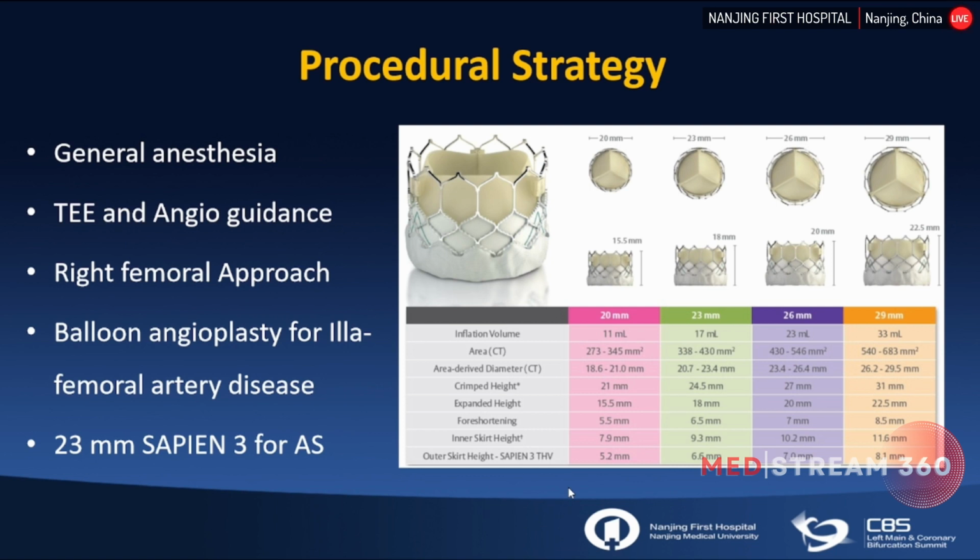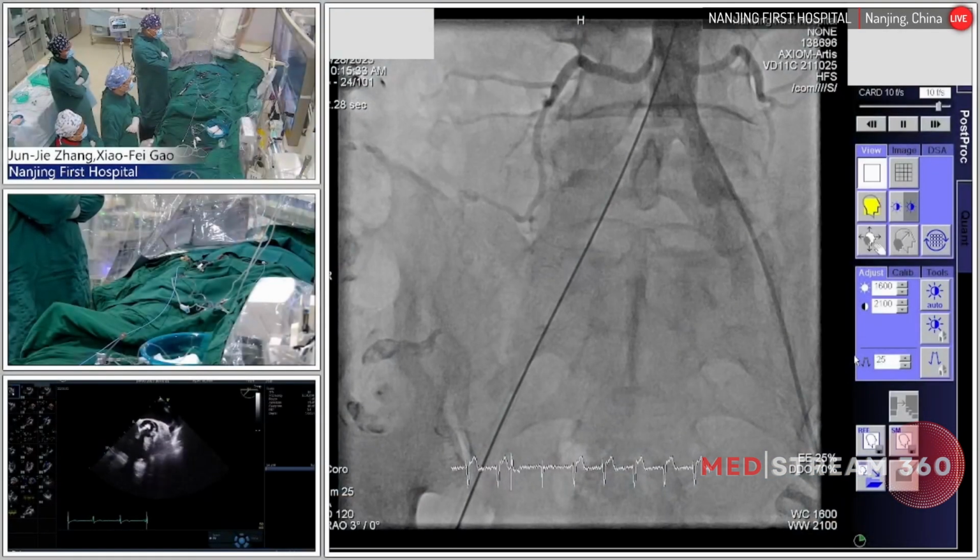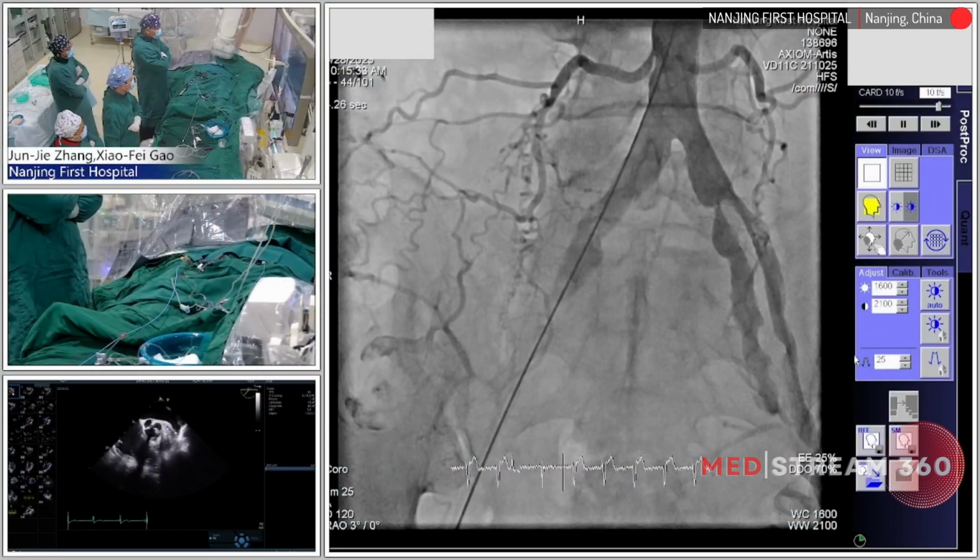Actually, we have performed the peripheral artery angioplasty for the right iliac artery. Let me show you what we have done now. Firstly, we punctured with a micropuncture from the right femoral. Then we inserted the ProGlide suture device. Then we did the aortic angiogram.